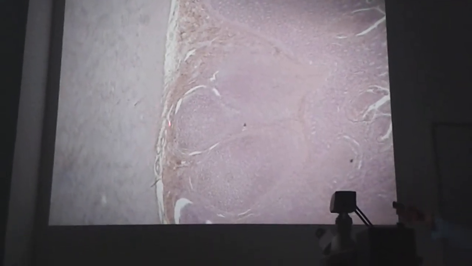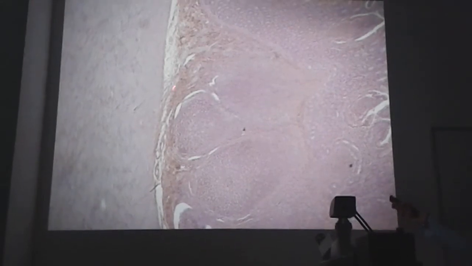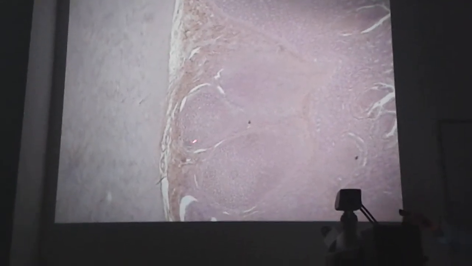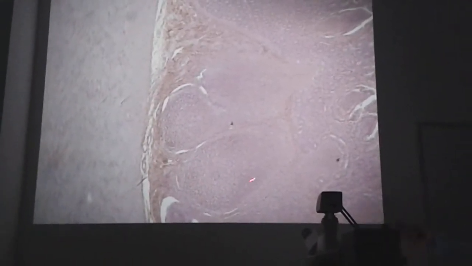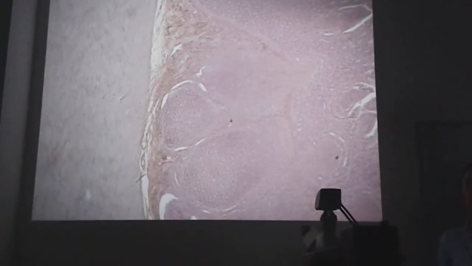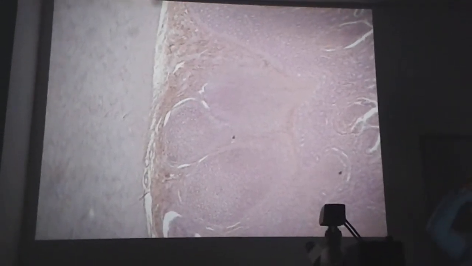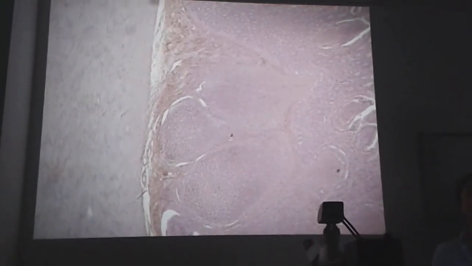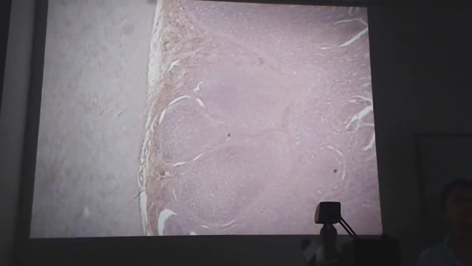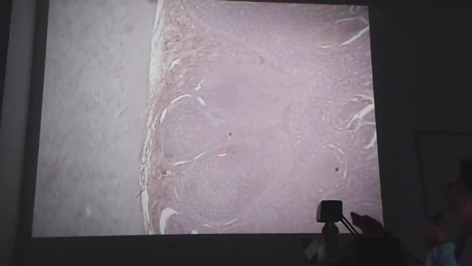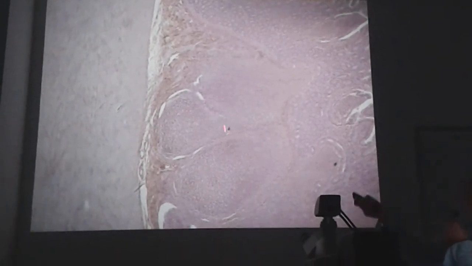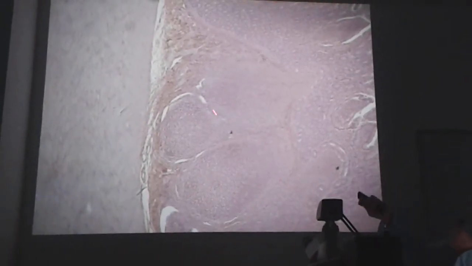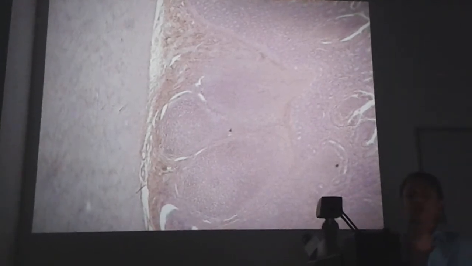These lymph follicles also consist of macrophages, lymphocytes, dendritic cells, okay? So these are other lymph follicles, which are found in the mucosa of the intestine. That's why we call them gut-associated lymphatic organs, okay? Gut-associated or mucosa-associated lymphatic tissues, but in this particular case, this is gut-associated lymphatic tissue.